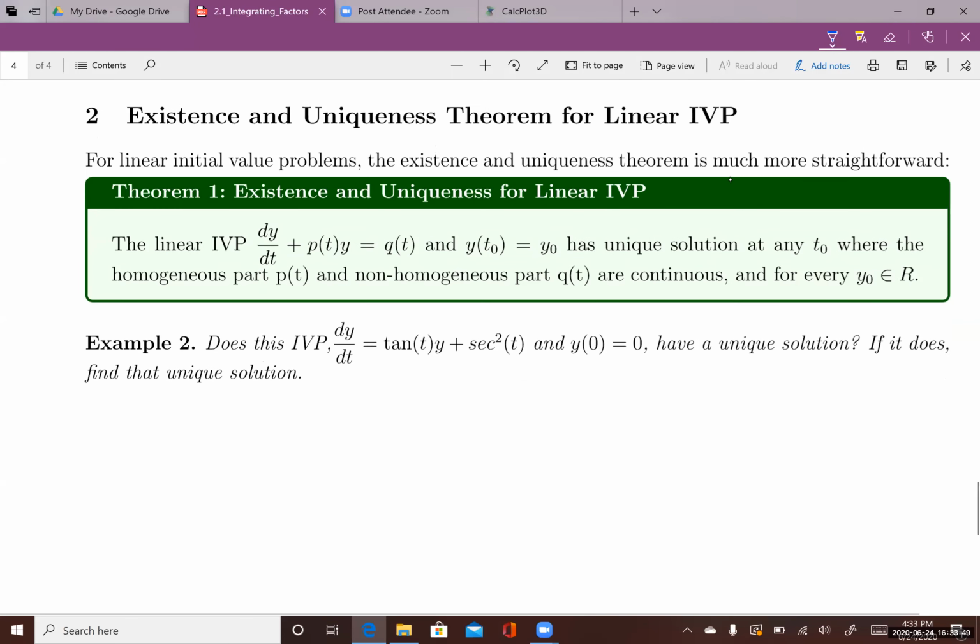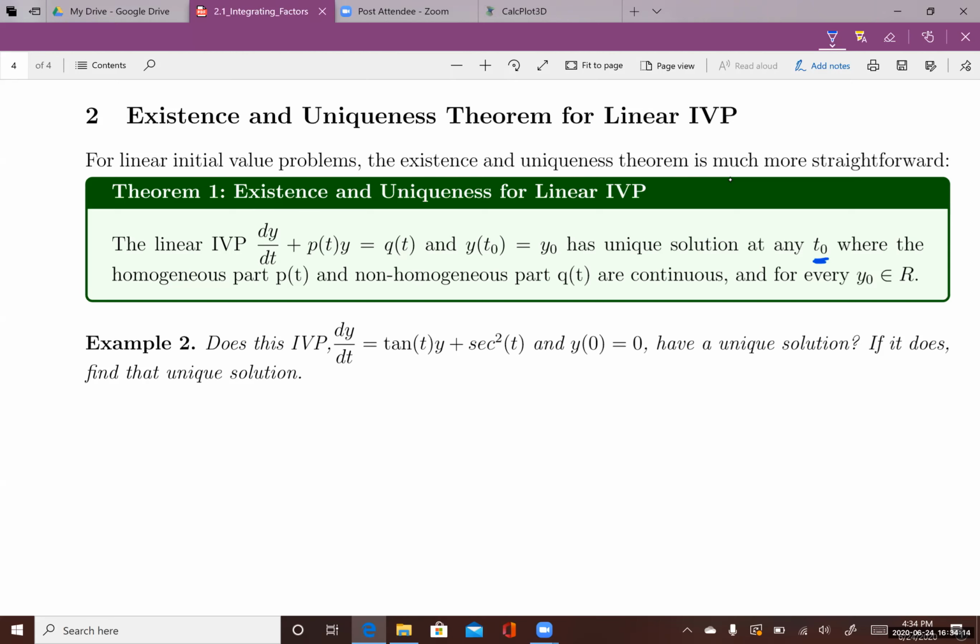It says if you have a linear IVP, and of course you have a differential equation and an initial point, then this IVP will have a unique solution at any initial value t0 where the homogeneous part P of t and the non-homogeneous part Q of t are continuous.